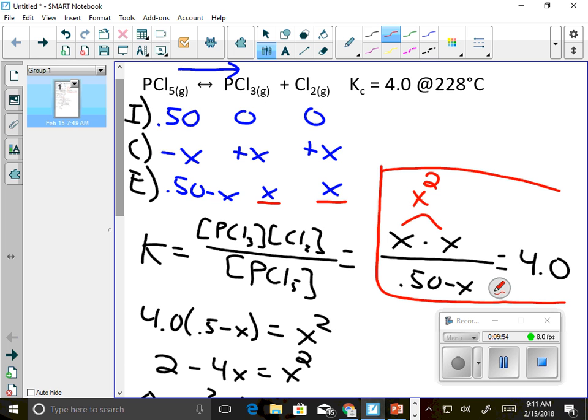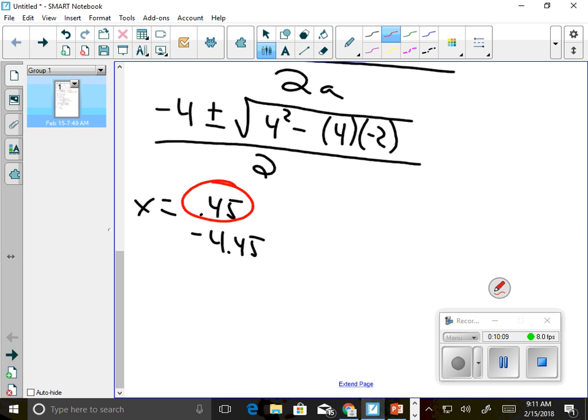There's no such thing as a negative concentration. That number does not work. On the other hand, I could plug in 0.45, and that could give me two values for my products. 0.50 minus 0.45 gives me a number that makes sense as well. So that's why this is the number that has to be the correct answer.